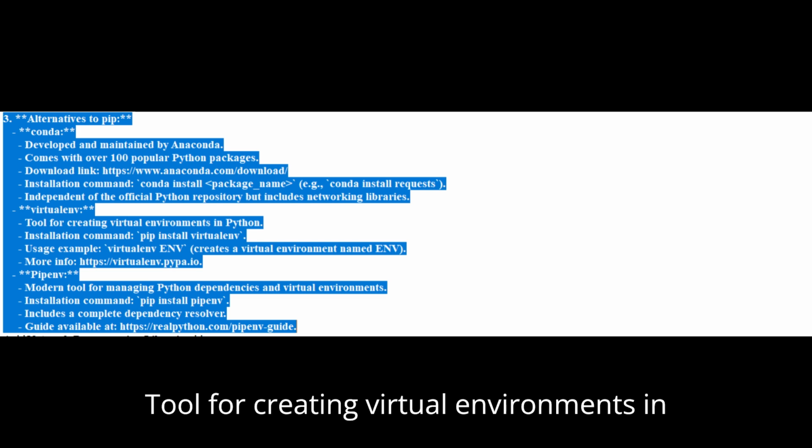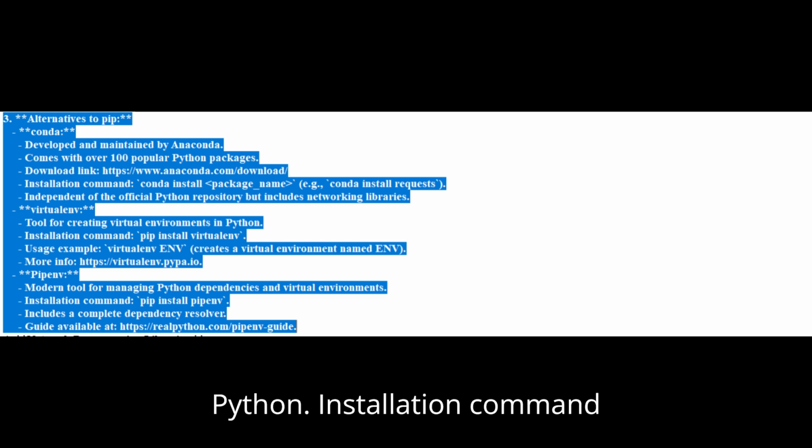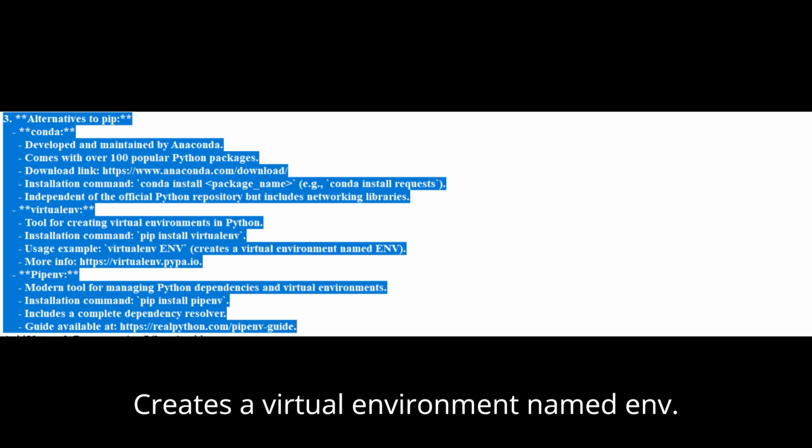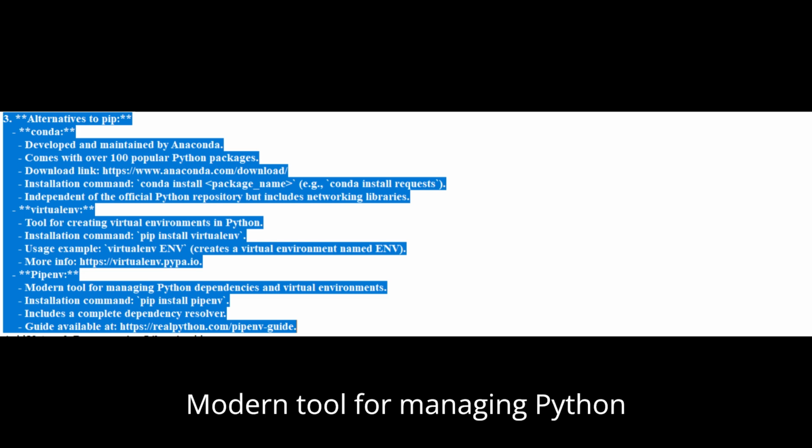Virtualenv. Tool for creating virtual environments in Python. Installation command: pip install virtualenv. Usage example: virtualenv env creates a virtual environment named env. More info: https://virtualenv.pypa.io. Pipenv. Modern tool for managing Python dependencies and virtual environments.